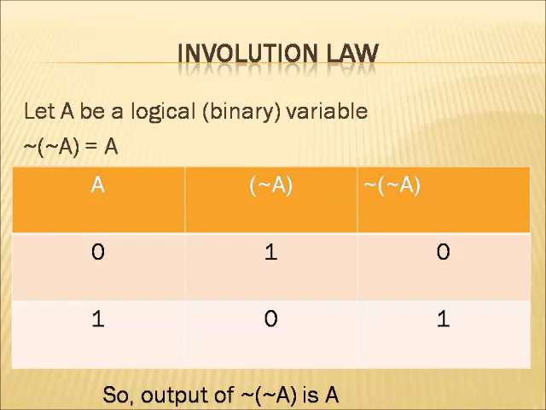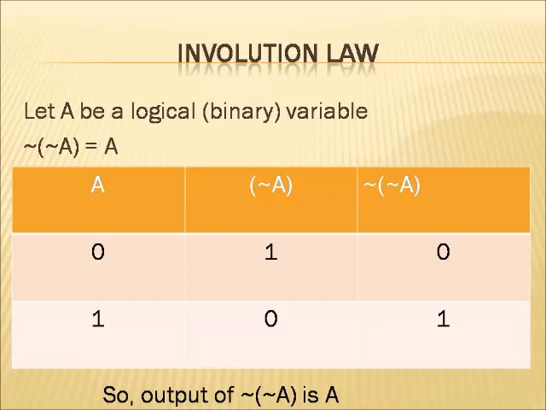According to the involution law, let a be a logical variable or a binary variable. Complement of complement of a is equal to a. Here in the truth table you can see that we have a binary variable a which can have values 0 and 1. In the next column we are finding the complement of a, that is the negation of a, so 0 becomes 1, 1 becomes 0.